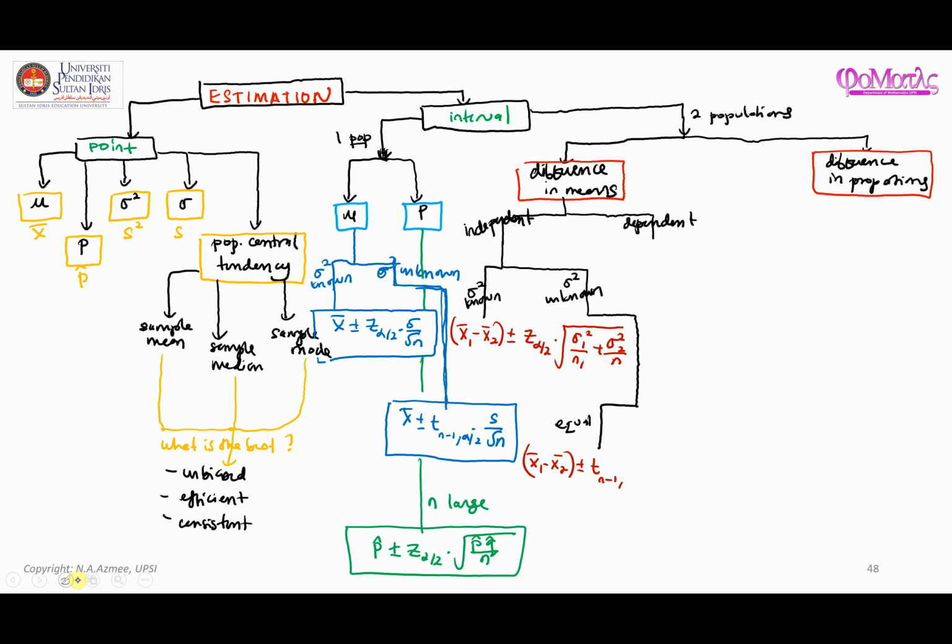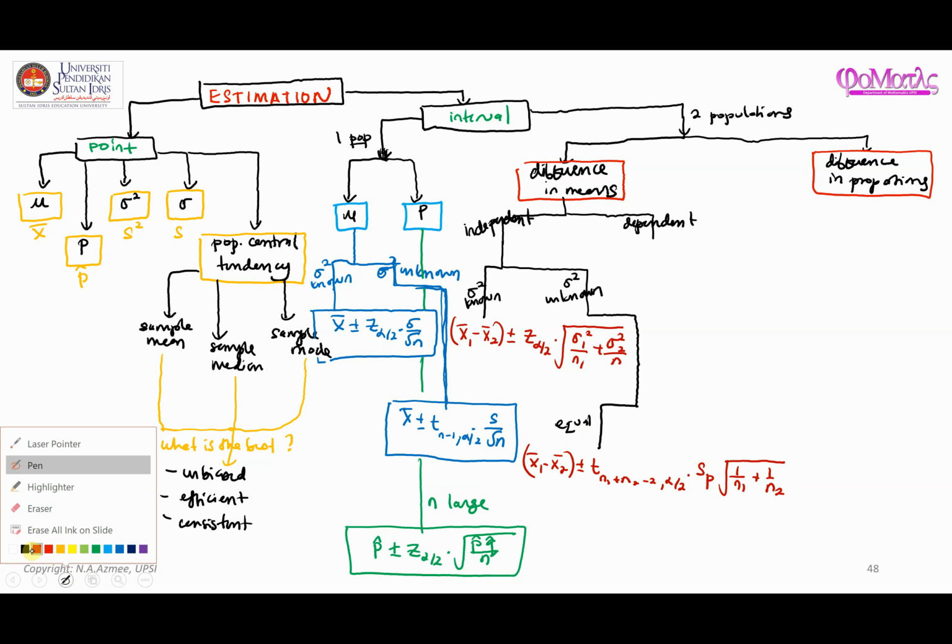Sorry, not n minus 1, this will be the combination of sample sizes from two groups. And this will be the pooled standard deviation, times the square root of 1 over n1 plus 1 over n2. So this is assuming it is equal.